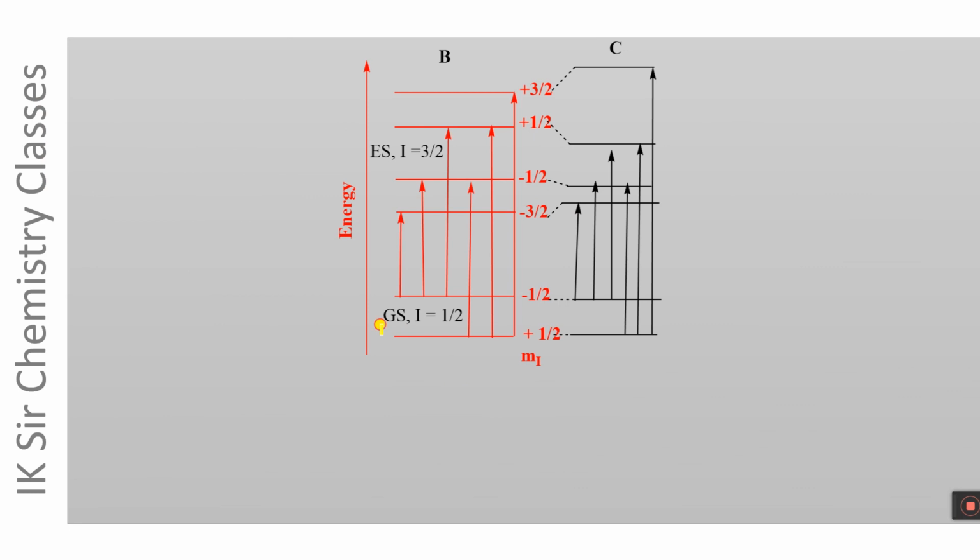This is the ground state with I equals 1/2, and this is the excited state with I equals 3/2. On applying magnetic field, the ground state splits into Mi equals plus 1/2 and minus 1/2, while the excited state splits into minus 3/2, minus 1/2, plus 1/2 and plus 3/2. All these are nuclear sub-energy levels in the presence of magnetic field, represented by Mi.